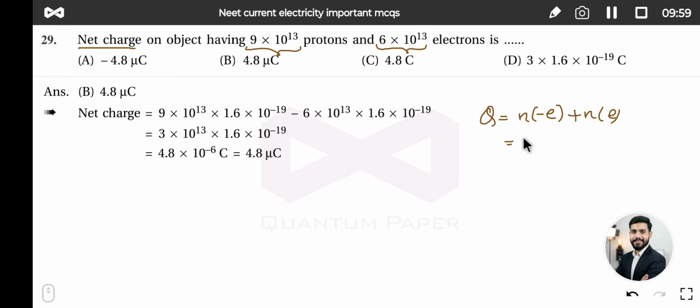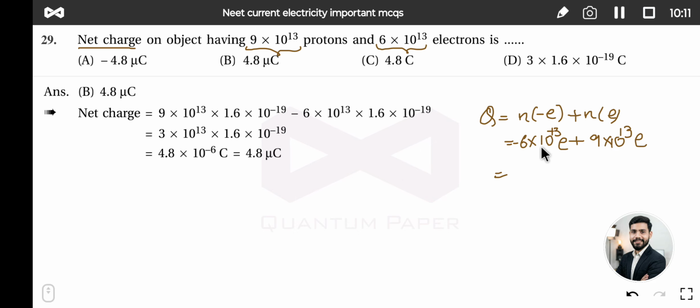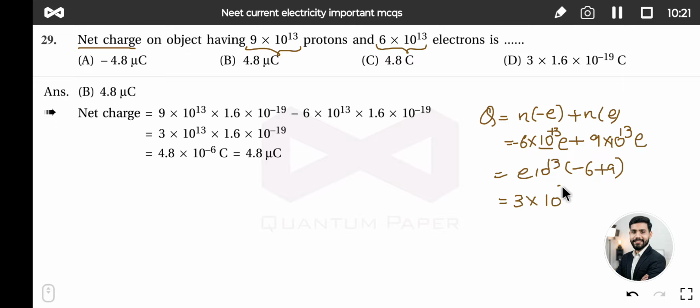Electrons are 6 into 10 raised to 13 into minus e, plus protons are 9 into 10 raised to 13 into plus e. Okay, if we take e and 10 raised to 13 common, we will remain with minus 6 plus 9, which is nothing but 3. So 3 multiplied by 10 raised to 13 times e.